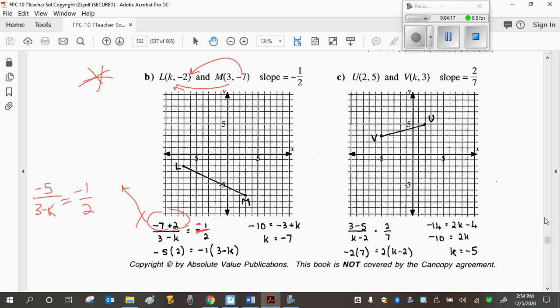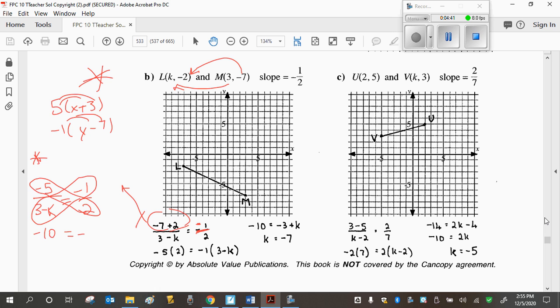And now you cross multiply. So you get 2 times negative 5, which is -10. Star this one, because this is one you've got to know how to do. When you have -1 times a binomial, it's the distributive property. You have to multiply the -1 by everything in the binomial.